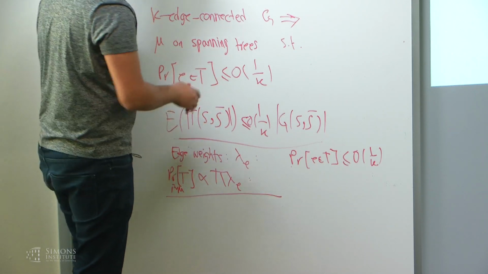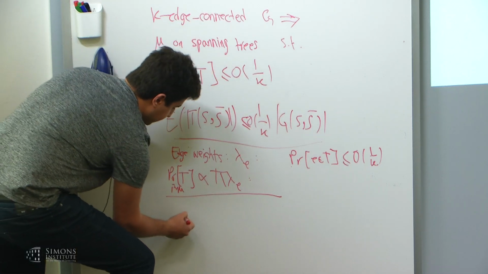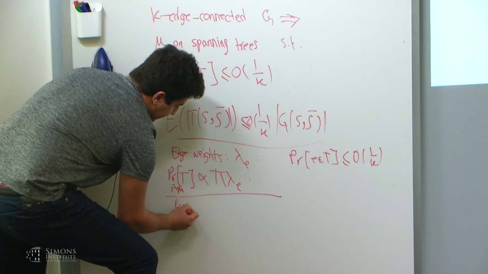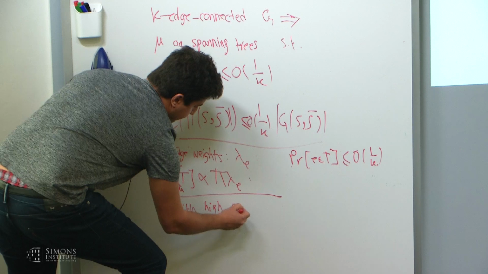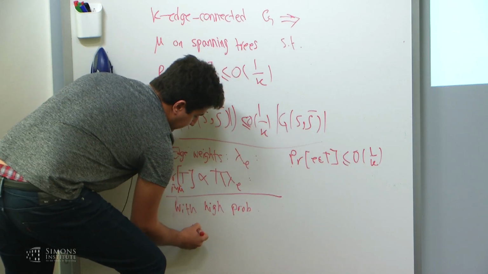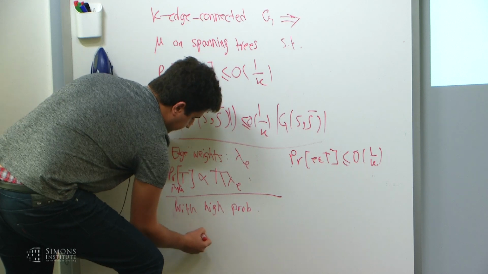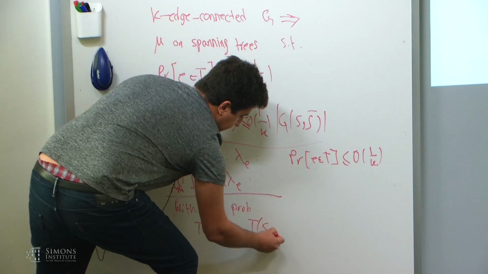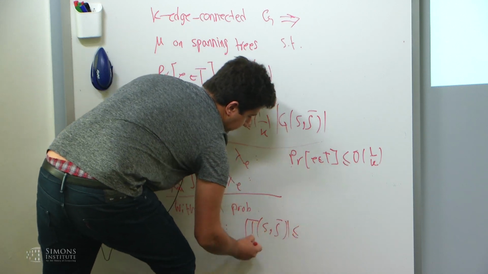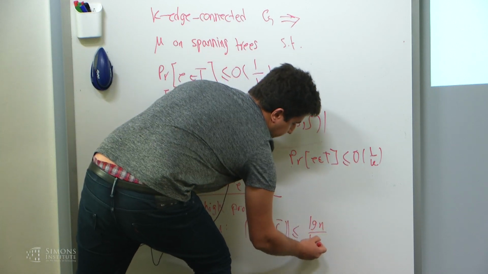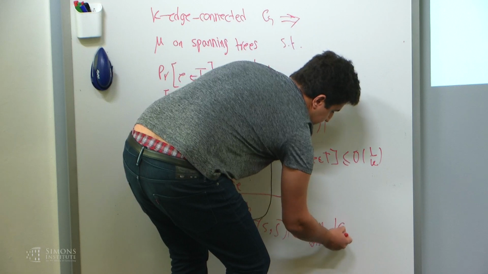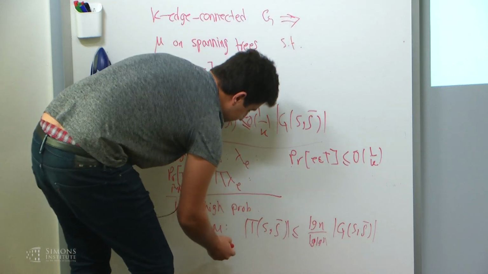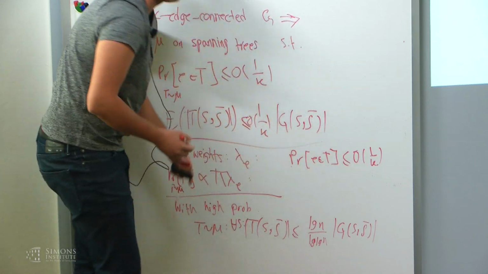So what they proved was that for this, with very high probability, the tree that you sample according to mu is going to have at most log n over log log n times the value of the cut for every S. Okay.